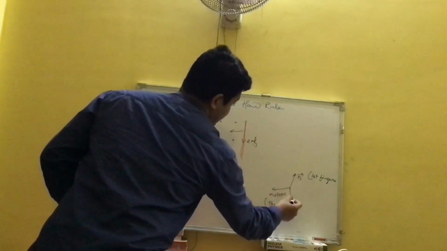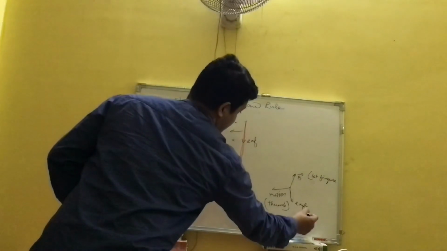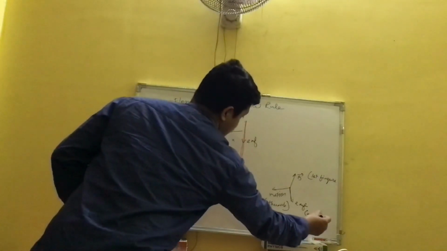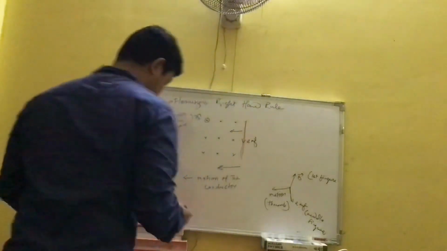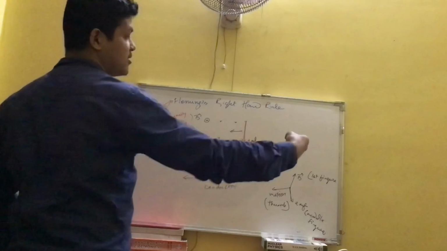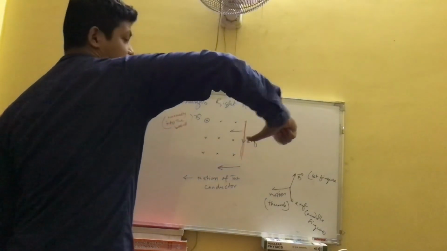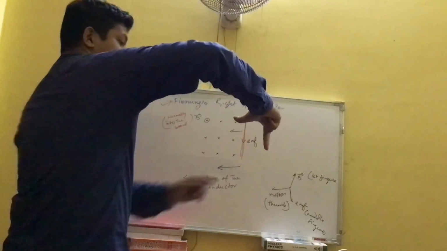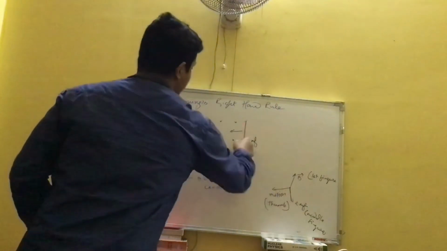Then the direction of EMF is represented by the middle finger of your right hand. The first finger is into the board, the thumb is in the direction of motion of the conductor, and the middle finger is pointing downward, so the direction of EMF is downward.